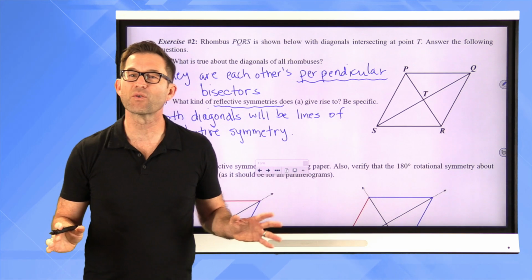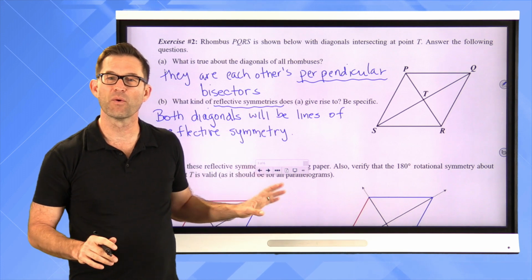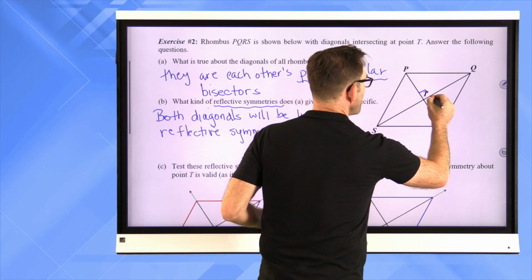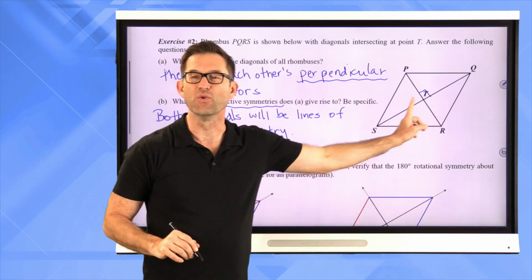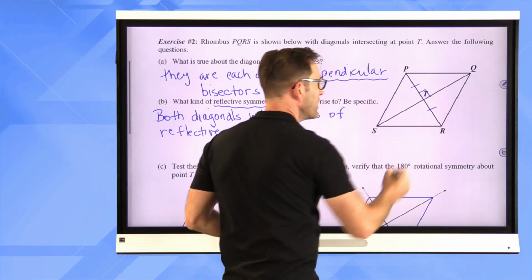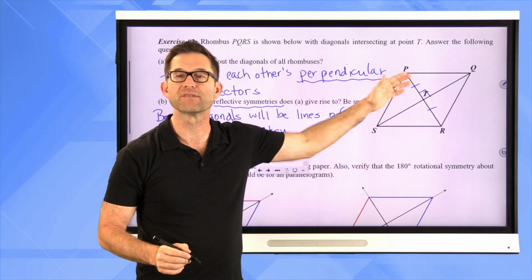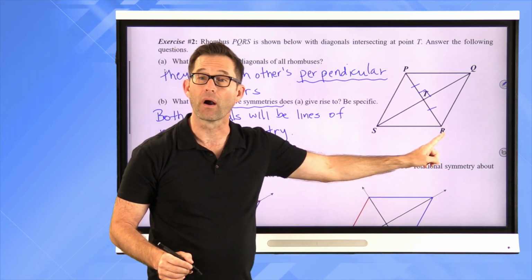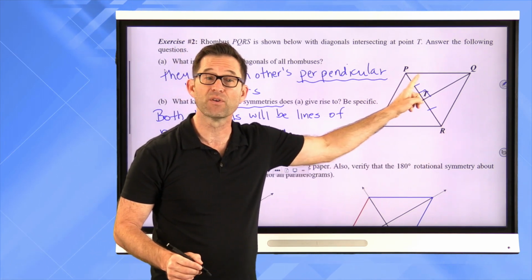It makes all the sense in the world. Just think about this for a second and then we'll visualize it. If we've got, let's say, the fact that SQ is the perpendicular bisector of PR, then when we reflect a rhombus across SQ, point P will be mapped to point R, and point R will then be mapped to point P.